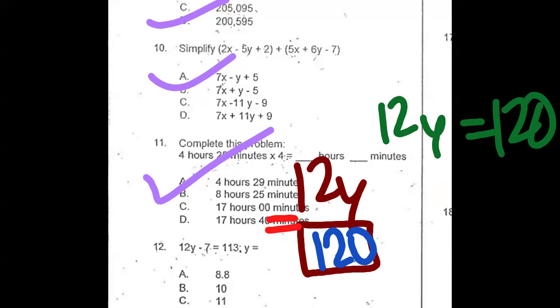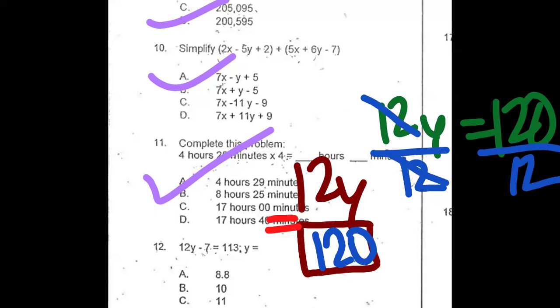12y is equal to 120. So now we divide this by 12. We divide this by 12. So 120 over 12, 12 times 10 over 12. The 12s cancel, leaving you with, and of course, just in case you want to see what I'm talking about, 12 times 10 over 12 results in this.